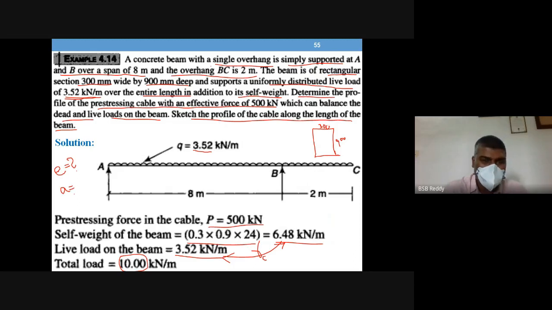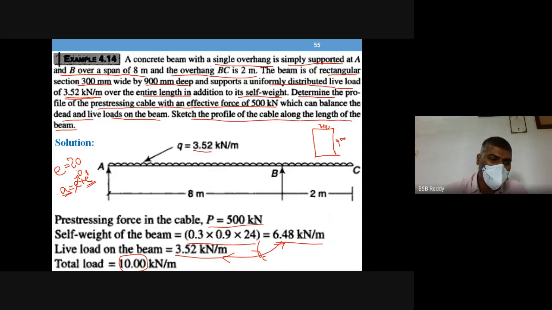The eccentricity e is not given here, so it is equal to 0, there is no eccentricity mentioned in the question. So whatever you find, a is equal to e plus e dash. Where e is not mentioned, 0, so a itself is the e dash value, the shift of the compression line.